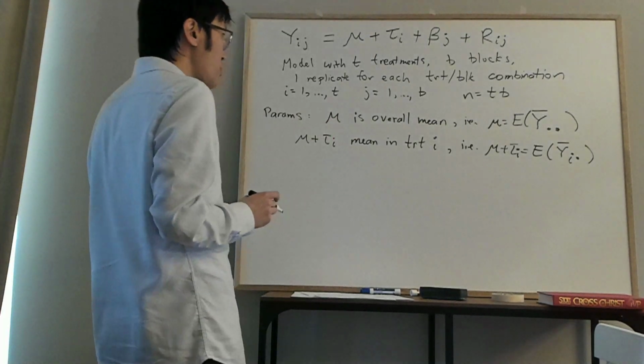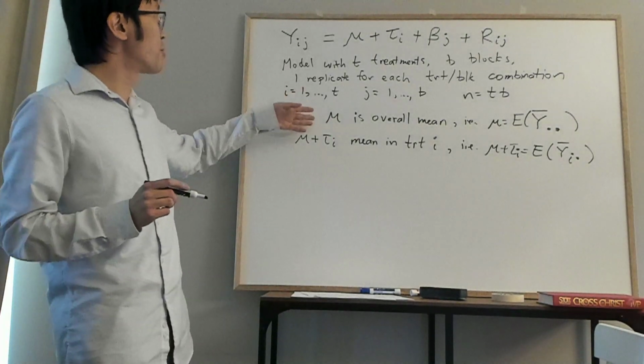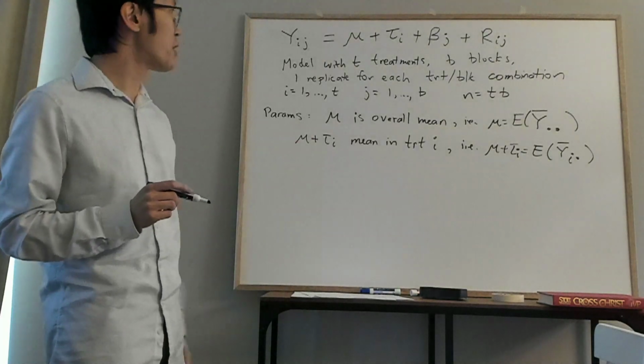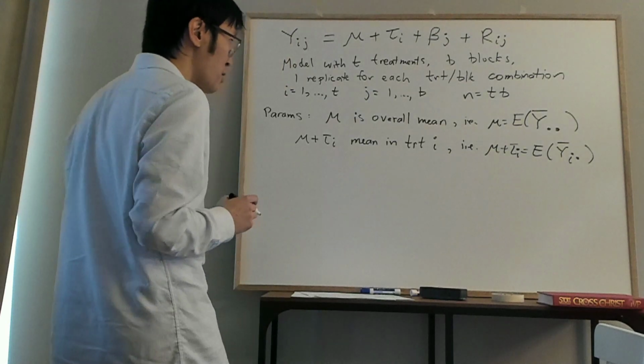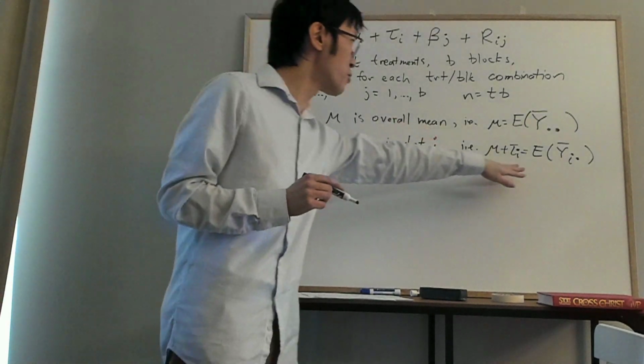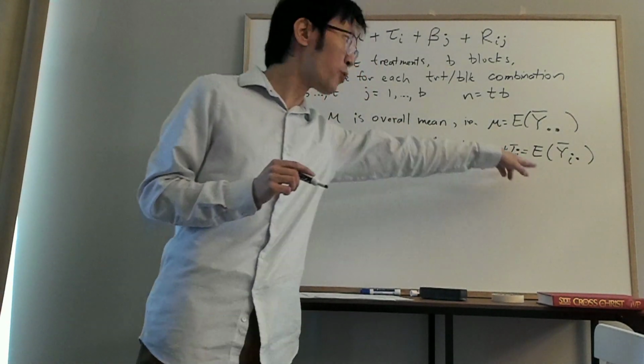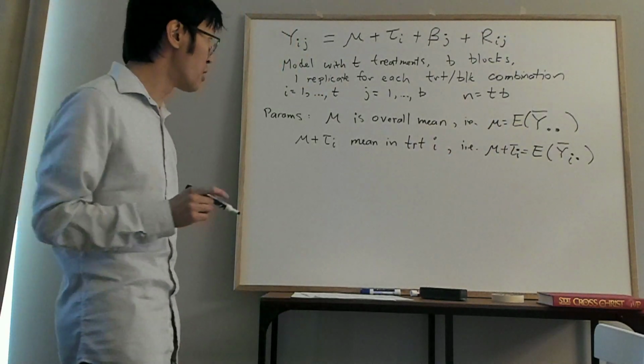Okay, so it's nice to be able to interpret the model parameters in this way, and this leads to some constraints on the parameters, which we can verify by using the fact that these y bars are linear combinations of normals.